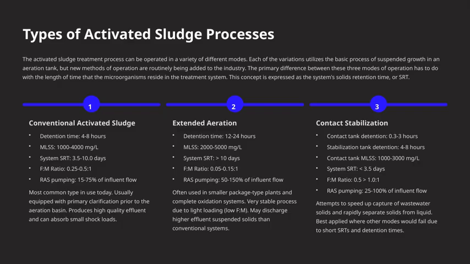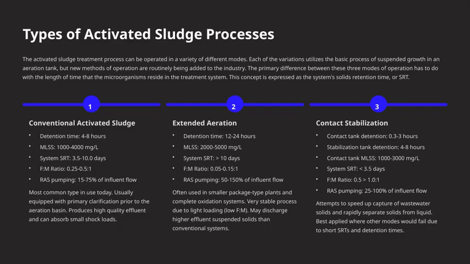The F/M ratio, which is the food to microorganism ratio, is generally between 0.25 and 0.5 to 1. RAS pumping can range from 15 to 75% of the influent flow. This process usually includes primary clarification before the aeration basin, producing high-quality effluent and handling small shock loads effectively.